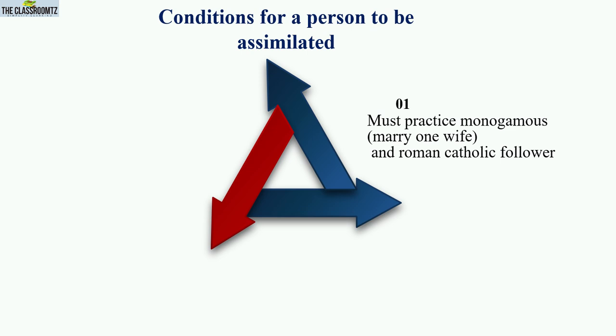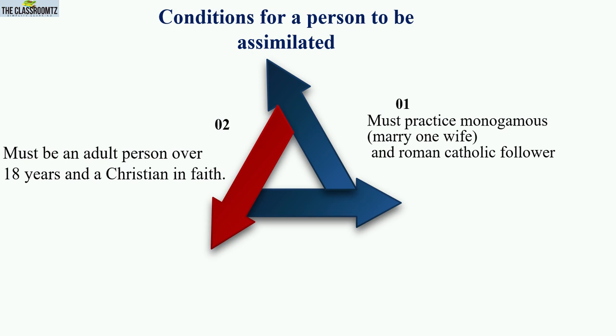Monogamy means marrying one wife, not polygamy as in our African tradition. Also, must be a Roman Catholic follower, Christianity. Number 2, must be an adult, more than 18 years old, and Christian in faith.